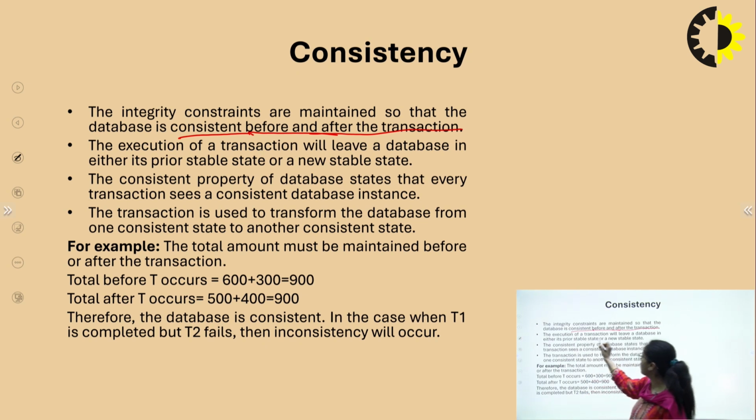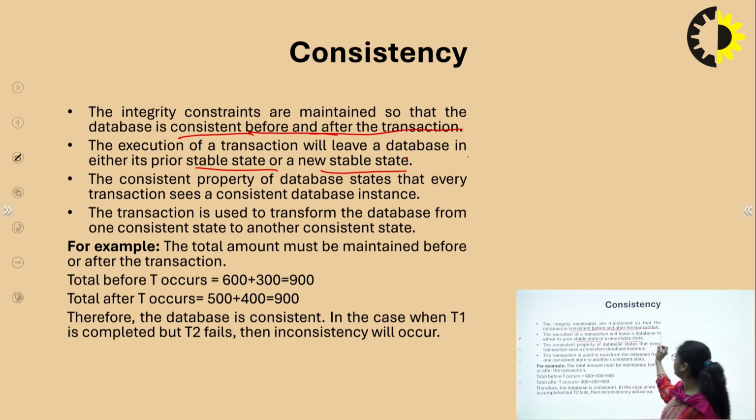The execution of a transaction will leave a database in either its prior stable state or a new stable state. The consistency property of a database states that every transaction sees a consistent database instance.